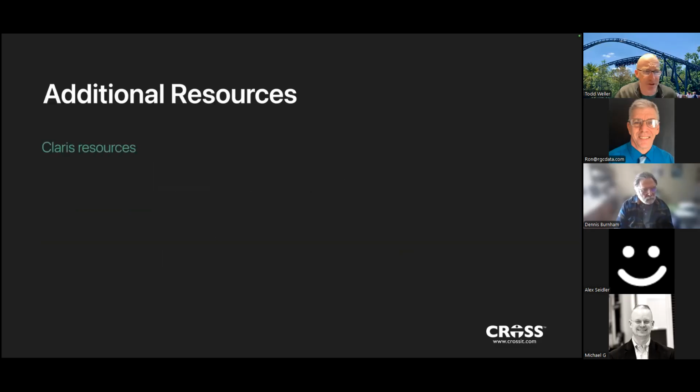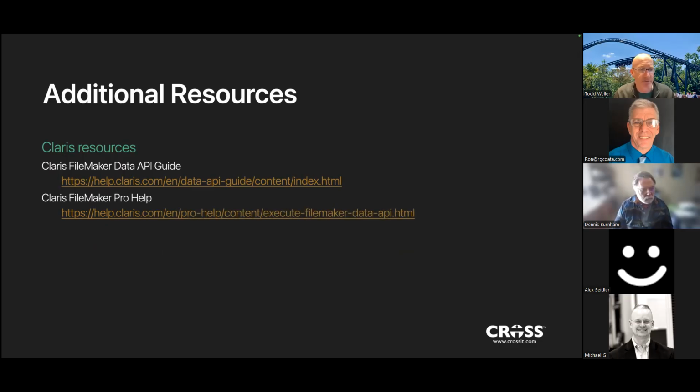Now, here are some of the resources that I've used, primarily the FileMaker Data API guide, as well as the FileMaker Pro help. Obviously, the FileMaker Data API guide is for the web service on FileMaker Server, but a lot of the information does translate because it's built on that. Just be aware of the things that don't apply because you are running the script step, and then obviously the script step itself has its own help page.